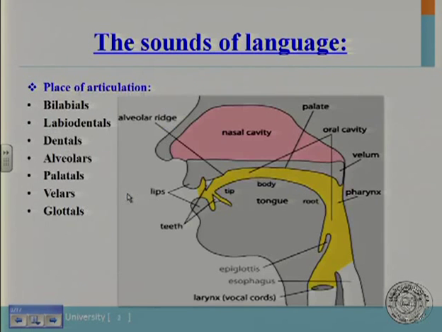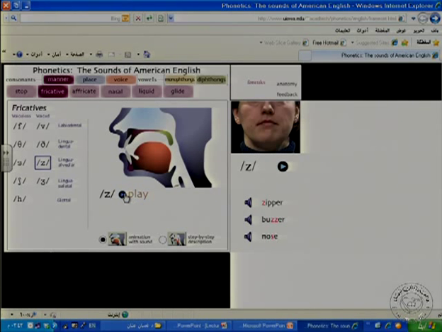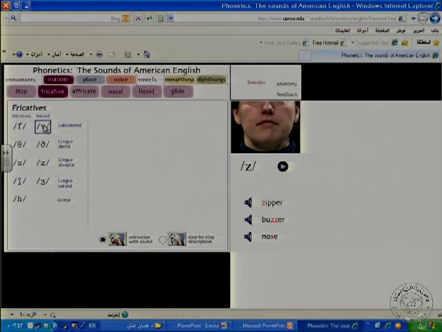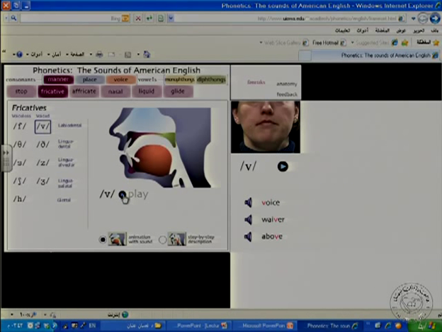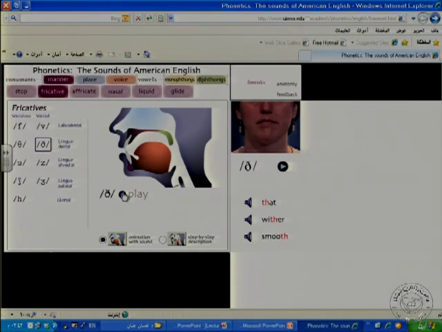Do you remember? This one? Vocal chords. You can feel the vibration here. Z. See this one? V also. You can feel the vibration in these sounds as also in the.